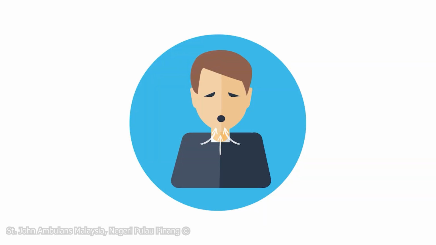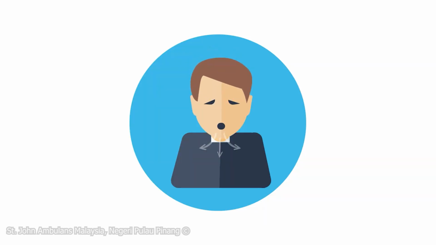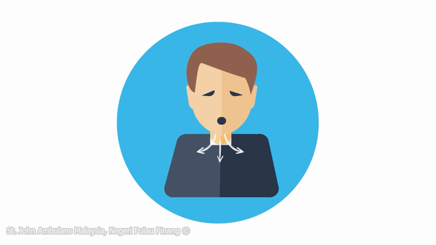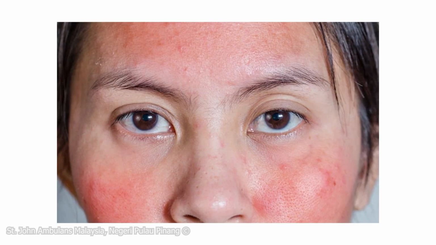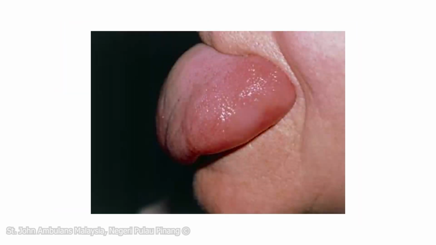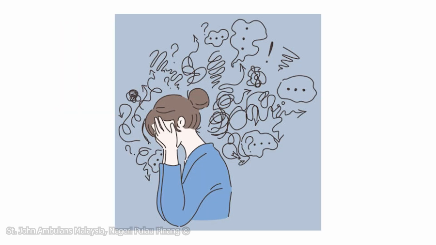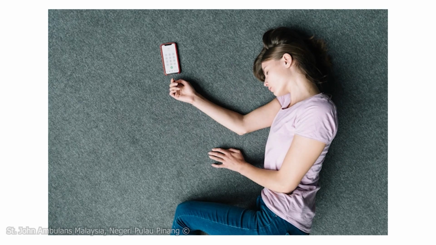There may also be difficulty in breathing, ranging from tight chest to severe difficulty causing a casualty to wheeze and gasp for air. Pale or flushed skin. Visible swelling of tongue and throat with puffiness around the eyes. Confusion and agitation, and also signs of shock leading to collapse and unresponsiveness.